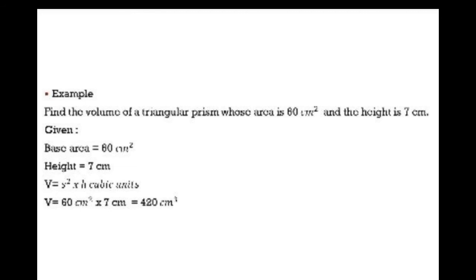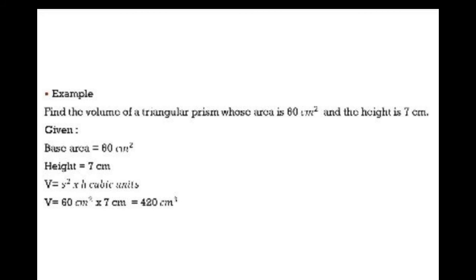So let's take an example of volume of a prism. Sample number 1. Find the volume of a triangular prism whose base area is 60 cm square and height is 7 cm. So the given is base area equals 60 cm square, height equals 7 cm.